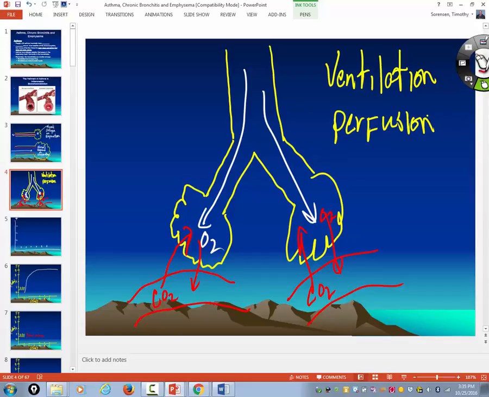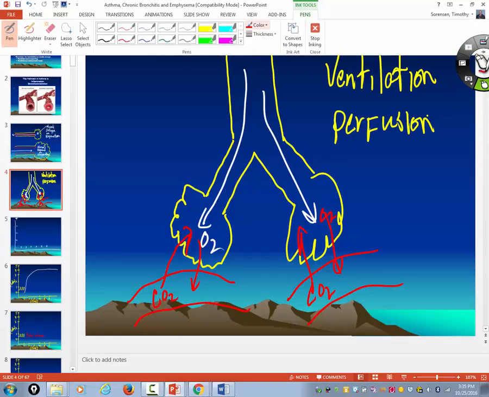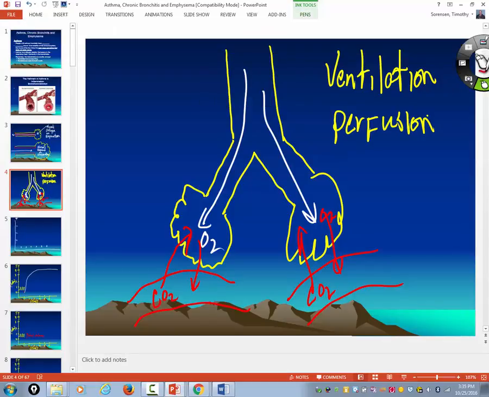So those things shouldn't change much because you are simply sending more blood and you're using more of your lungs to perfuse and ventilate the lungs. So in clinical, you're going to see what's called a VQ. You've probably heard of a VQ scan. Have you ever heard of a VQ scan?